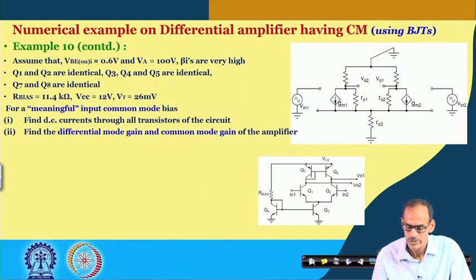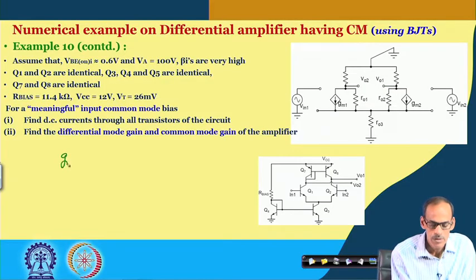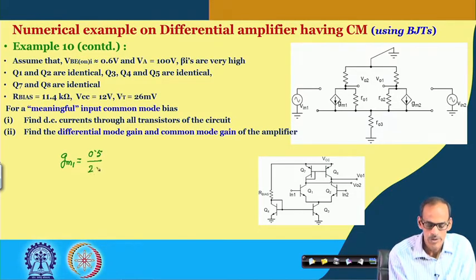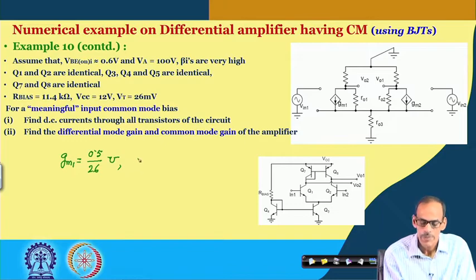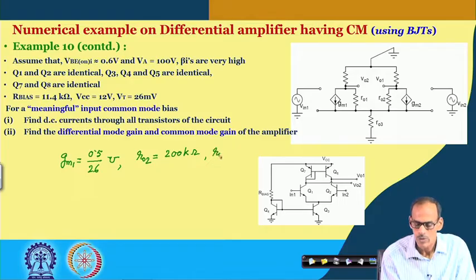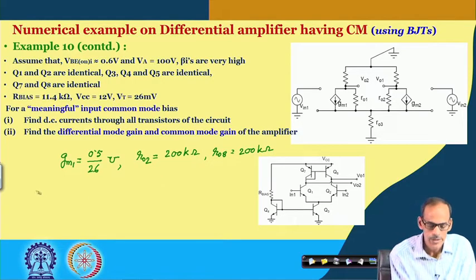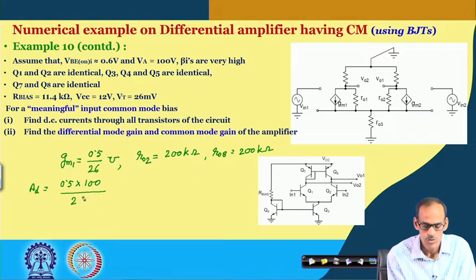In fact, we have already done this calculation. GM1 equals 0.5 divided by 26, so this is this much mho, and RO2 equals 200K. Also RO8 equals 200K, and that gives us the differential mode gain equal to 0.5 into 100 divided by 26.